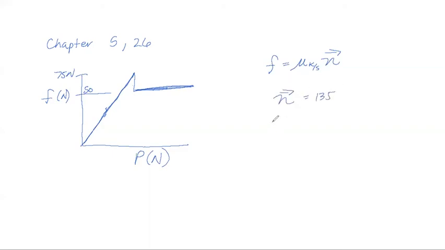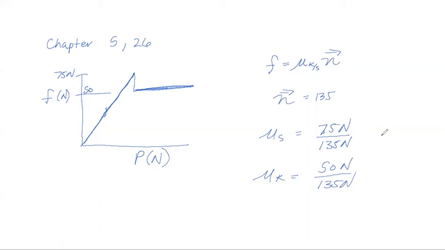We know the normal force from the problem is 135 newtons. So mu S is going to equal 75 newtons divided by 135 newtons, and mu K is going to equal 50 newtons divided by 135 newtons. The normal force doesn't change.